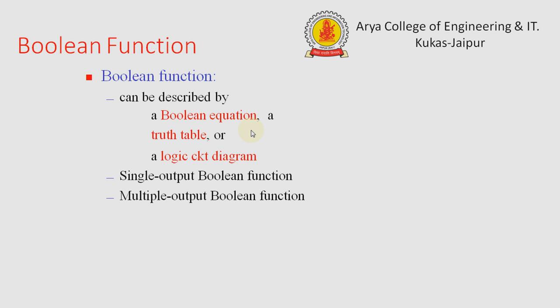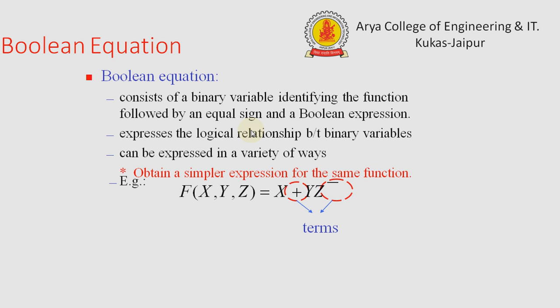A Boolean function can be described by a Boolean equation, a truth table, or a logic circuit diagram. There are two types of Boolean functions: single output Boolean function and multiple output Boolean function.